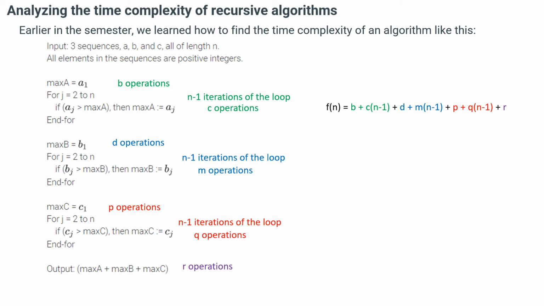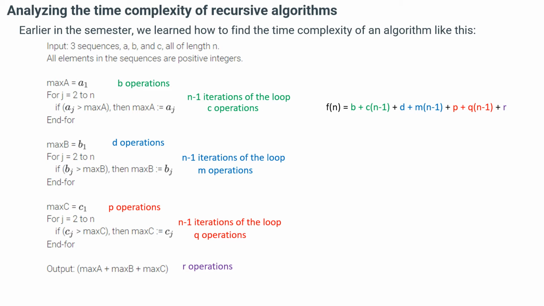And then going on down, plus D operations. Then again, we have a loop. M operations are being completed n minus 1 times, so we multiply those together. And then P by itself, and then for the next loop we've got Q operations being done n minus 1 times, so Q times (n minus 1), and then plus R.